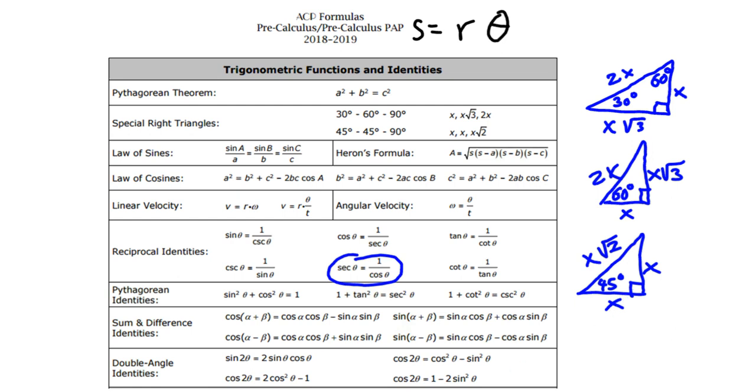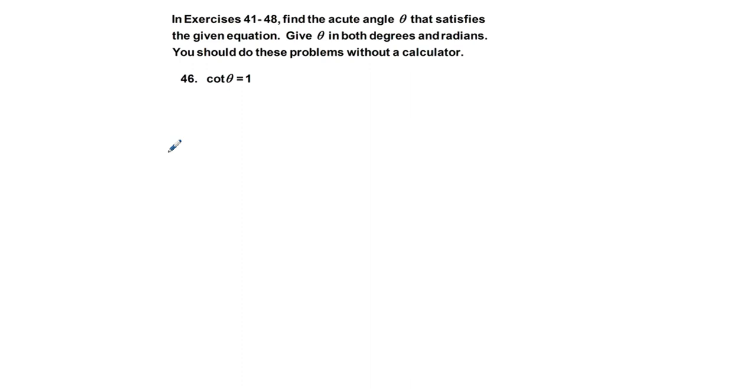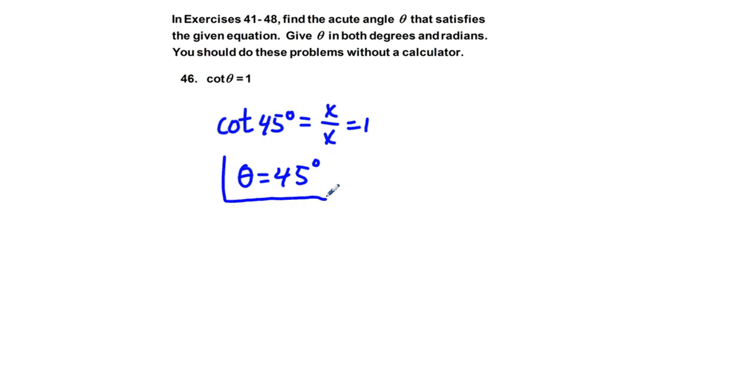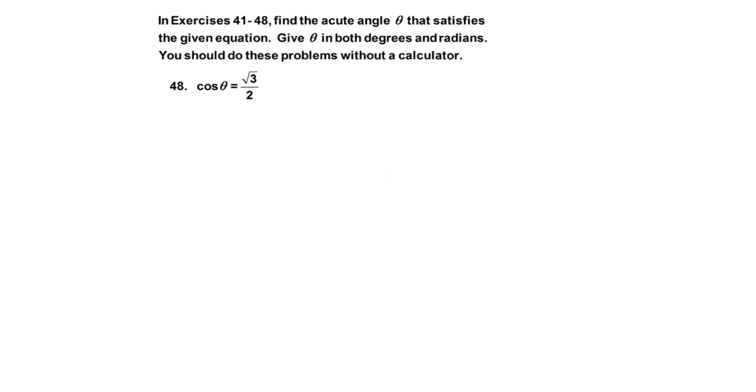So we could say that cotangent 45 degrees is going to be equal to x, our adjacent, over our opposite, which is x, which equals 1. So therefore, theta is equal to 45 degrees. So that's an example of an isosceles right triangle.